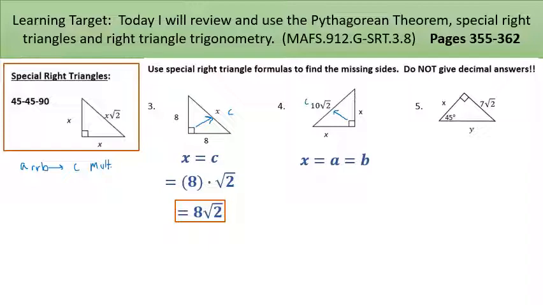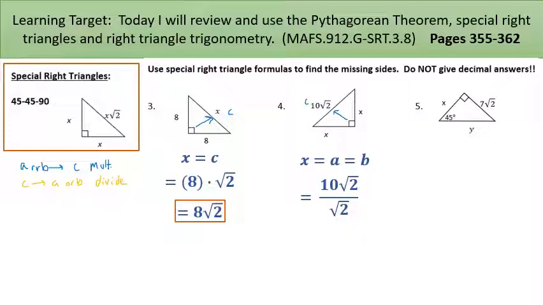So if we know C and we're trying to find A or B, then we have to divide by square root of 2. So we take C, 10 square root of 2, and we divide it by the square root of 2.